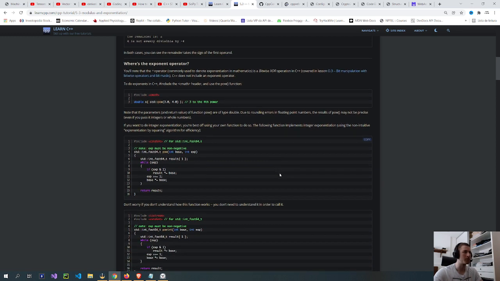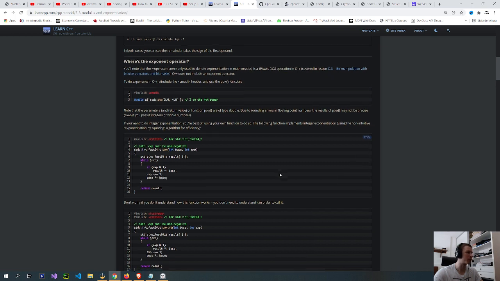The following function implements integer exponentiation using the non-intuitive exponentiation by squaring algorithm for efficiency.